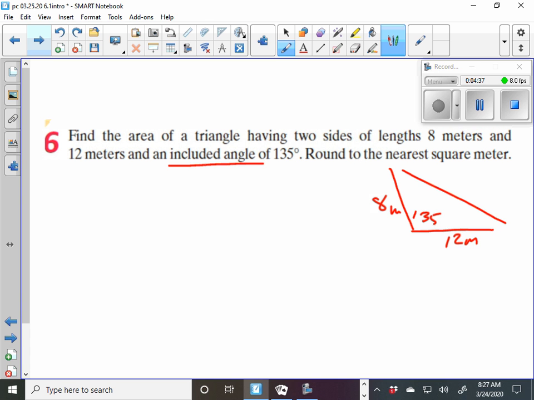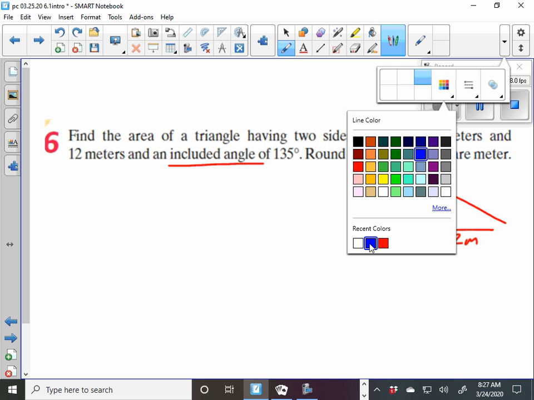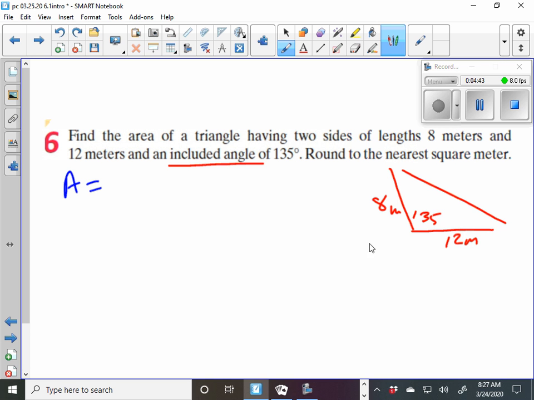Well, the area is 1/2 BC sine A. Obviously, this will be A, this will be B and C. The two sides will be B and C. So we just plug that in, 1/2 times 8 times 12 times sine of A, and let's plug that into a calculator.